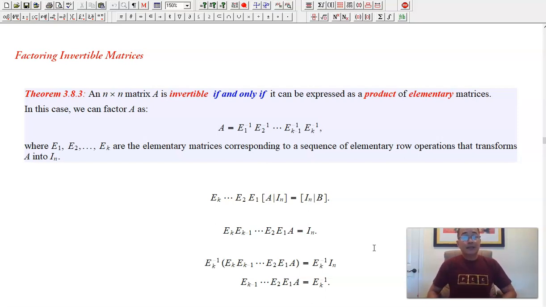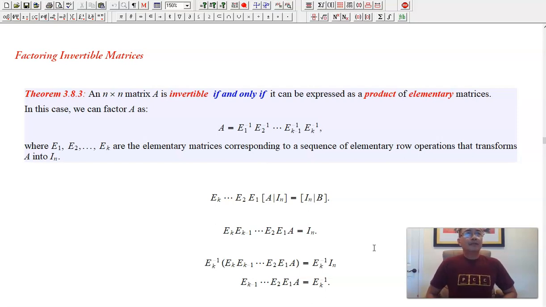But our last theorem said that if you multiply invertible matrices, you get another invertible matrix. So therefore, we get the converse. If you can express a matrix as a product of elementary matrices, then that product has to be invertible. The forward direction is not so obvious, but we have a formula for it.